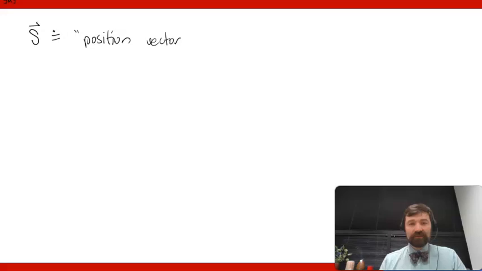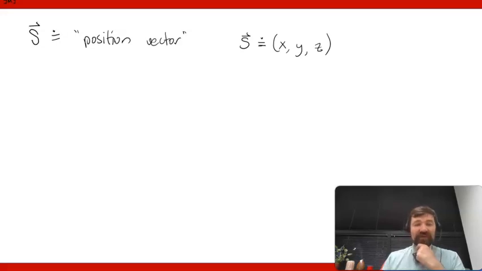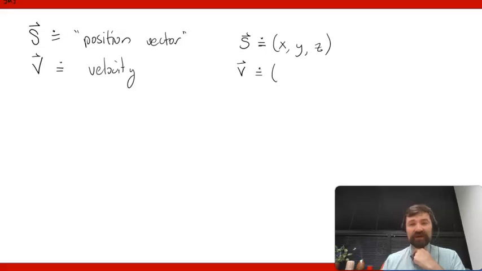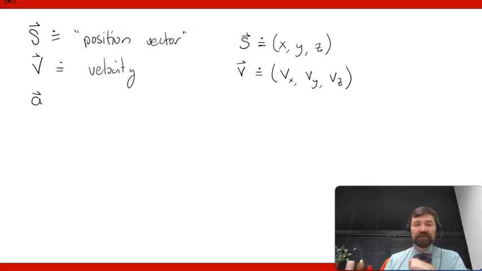Then that vector might, for example, be representable as an X, a Y, and a Z. Okay, velocity vector in this case would be like so, and so V might be represented by Vx, Vy, and Vz, again in 3 dimensions. And the acceleration vector would be like this.